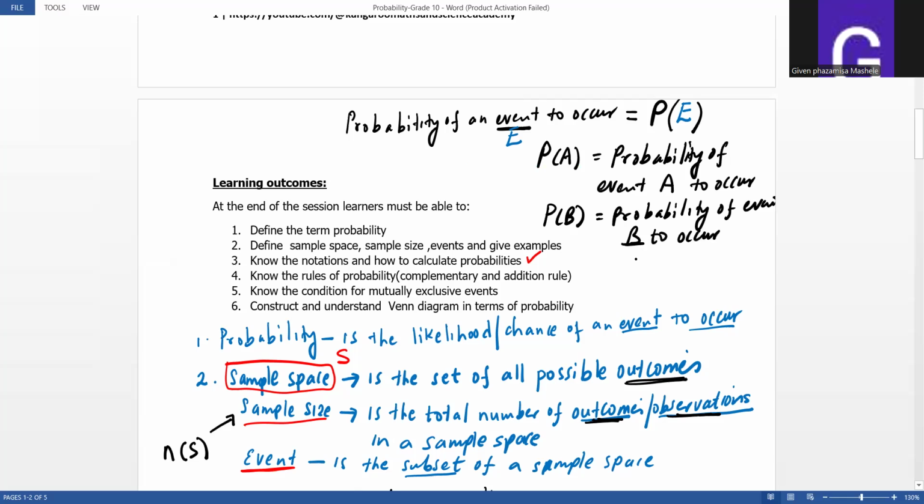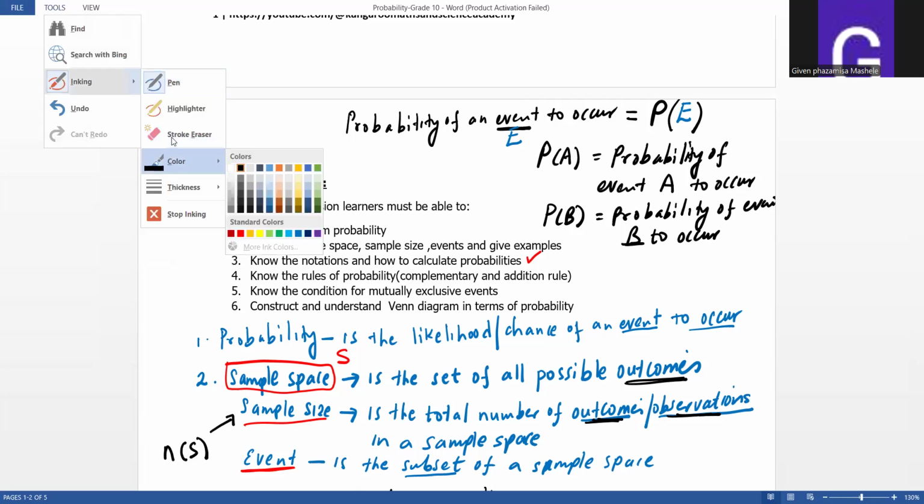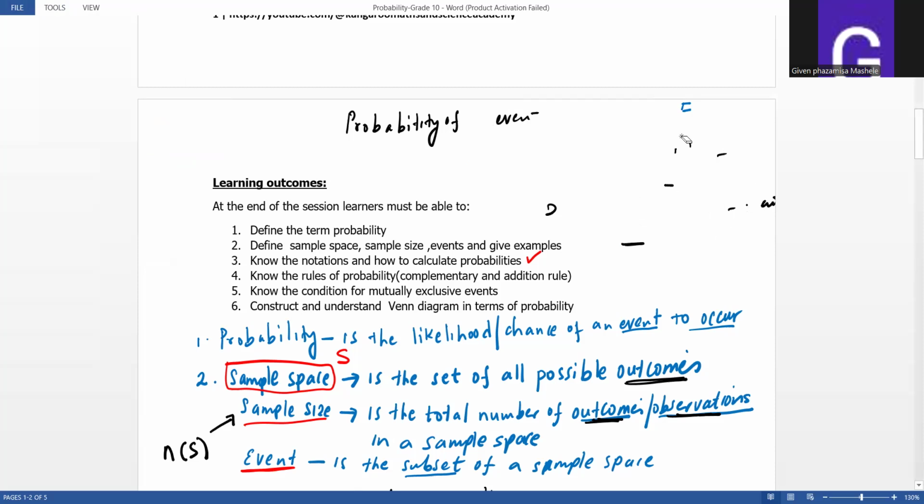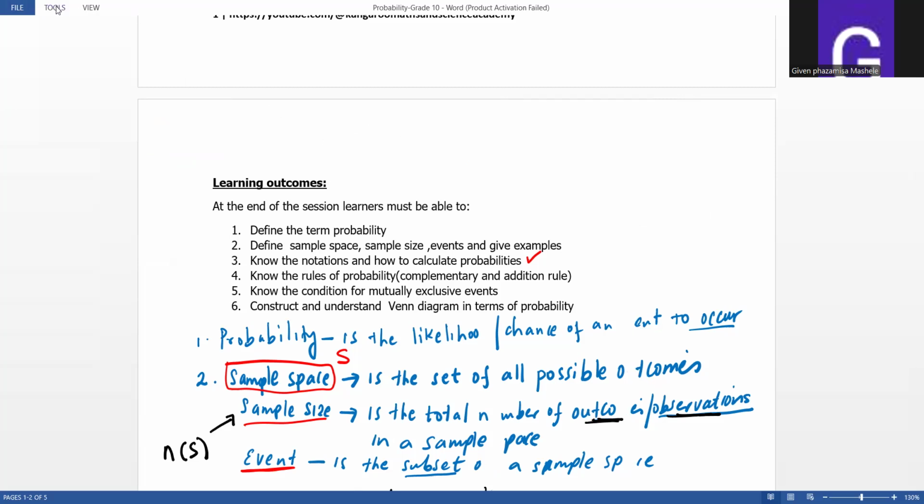So now, how do we actually calculate probability? Let me write the definition of calculating probability, ladies and gentlemen. When we are calculating the probability of any event, I'll write the formula here and translate it.